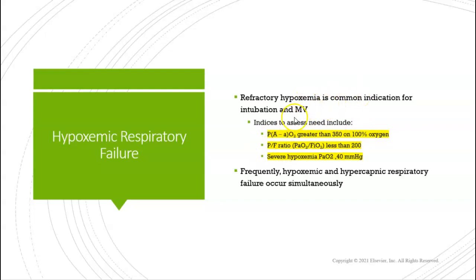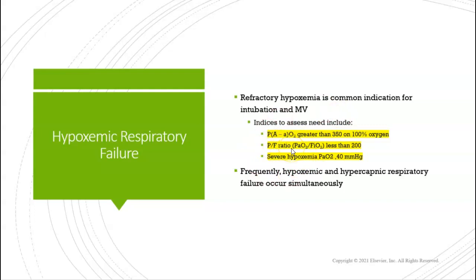This is a common indication for intubation and mechanical ventilation. So we want that AA gradient greater than 350 on 100% oxygen. So you have to put the patient on 100% oxygen to do this calculation. You're also going to need to get an ABG to get that PaO2 level.